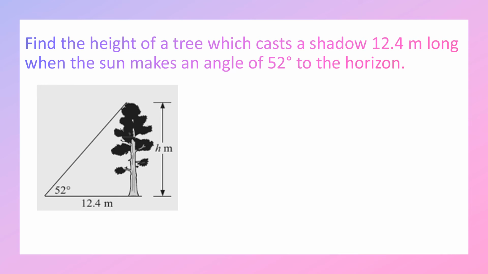Find the height of a tree which casts a shadow 12.4 meters long when the sun makes an angle of 52 degrees to the horizon. So this is already given for us. We need to decide, okay, here's our angle. We have the opposite and we have the adjacent. So this would be tangent of 52 is the opposite, which is our h, over the adjacent, which is 12.4.